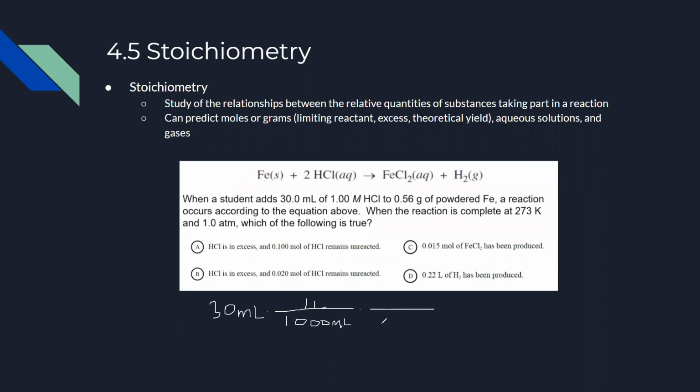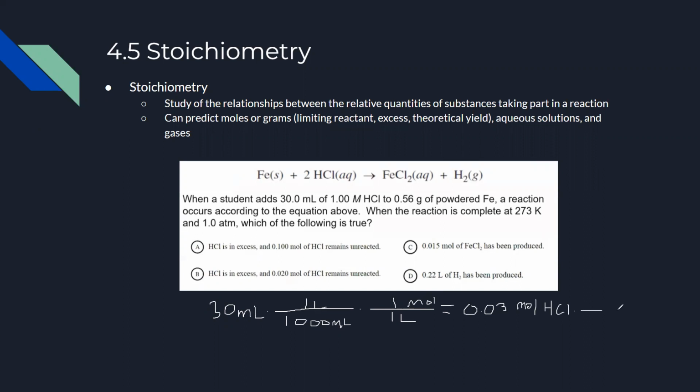Molarity is moles divided by liters, so 1 liter is 1 mole, and that's what you're looking for. So 30 divided by 1000 is 0.03 moles HCl.